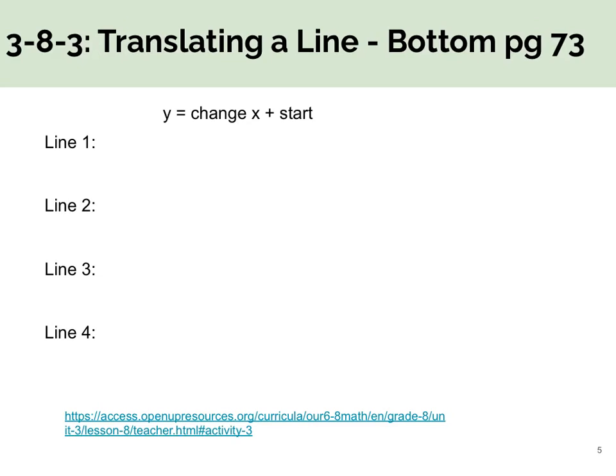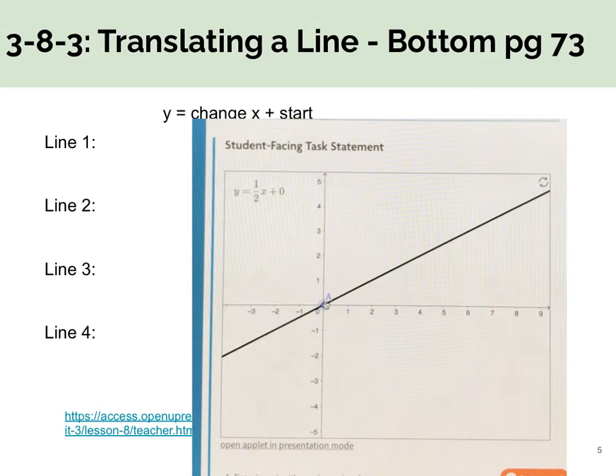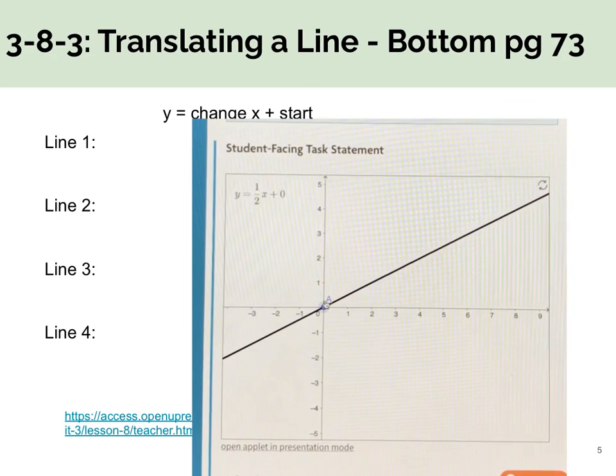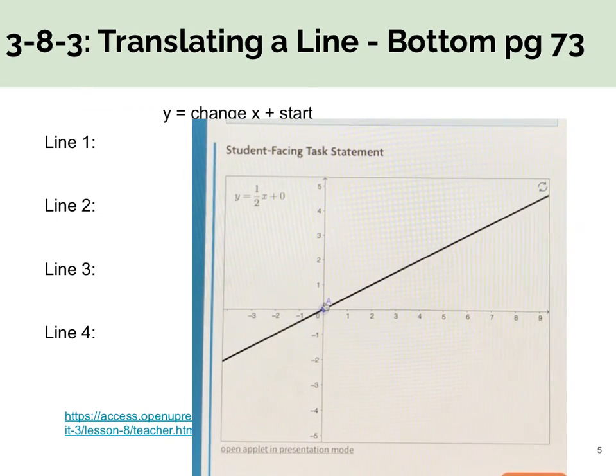So at the bottom of page 73, we're going to look at some graphs and see how the equations are actually done. So I'm going to show you a video. You need to write down the equation of the lines for line 1, line 2, line 3, and line 4. Here is line 1. Write it down on page 73.